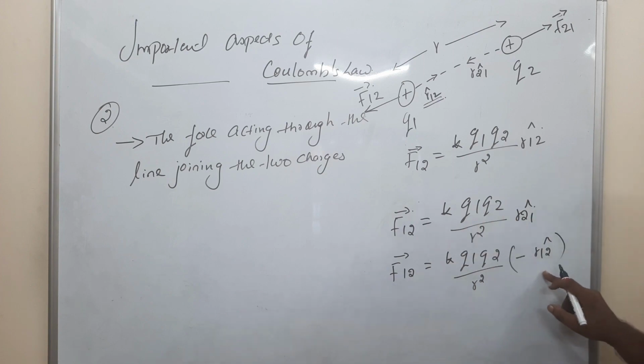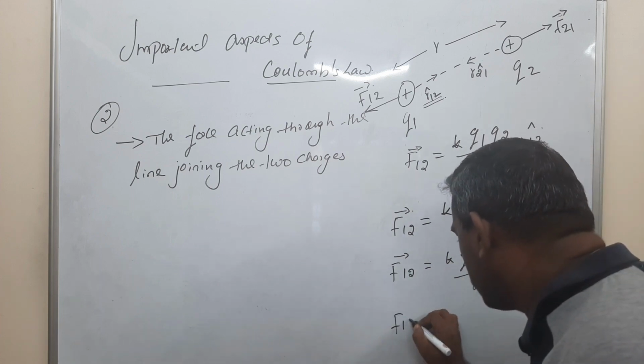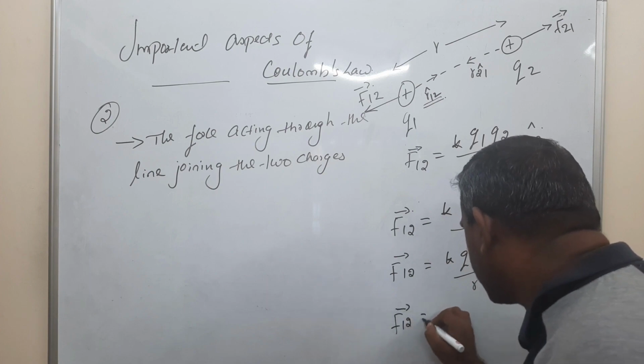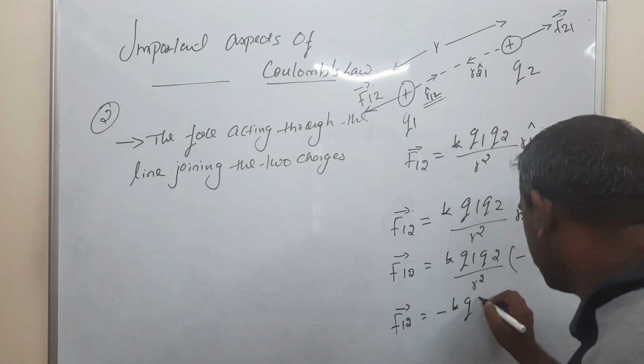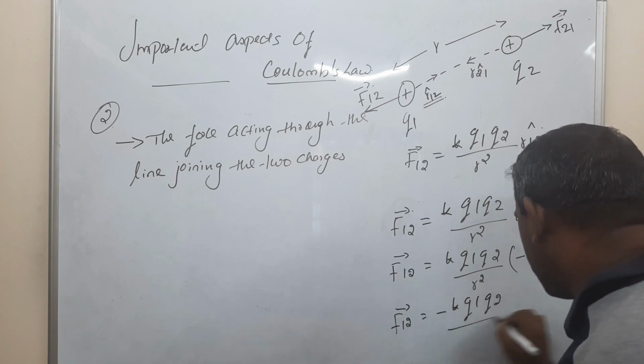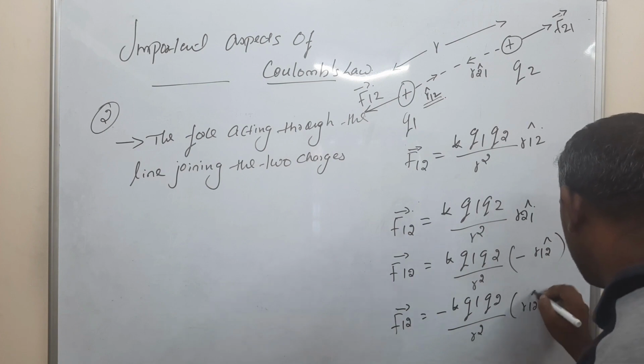The same principle we are using. So F21 vector is equal to minus k into q1 q2 by r square into r12 cap.